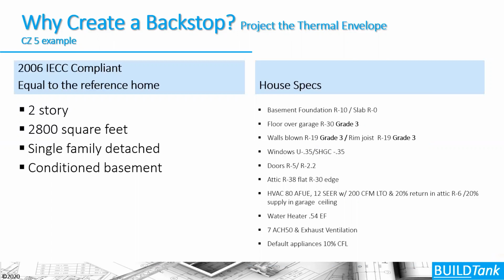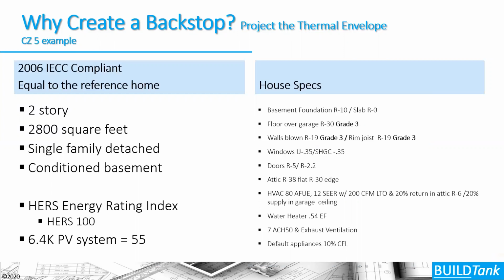So here's an example of a house that was built to the 2006 IECC. If I add PV to this house, I can drop the score from 100 to 55 with a relatively small PV system. So the idea of the IECC in general, with all the pathways, is that they really want to protect and have a sound and robust building thermal envelope in order to meet the efficiency requirements of the code and also to meet the core expectations of the consumers that are buying these houses.